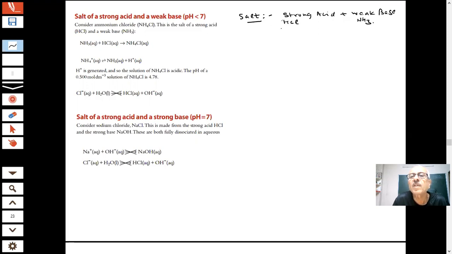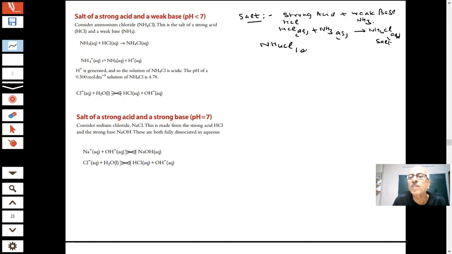So what will happen if you have HCl aqueous plus NH3 aqueous? You are getting NH4Cl aqueous. This is a salt of a strong acid and a weak base, and this is hydrolyzed, students, NH4Cl.